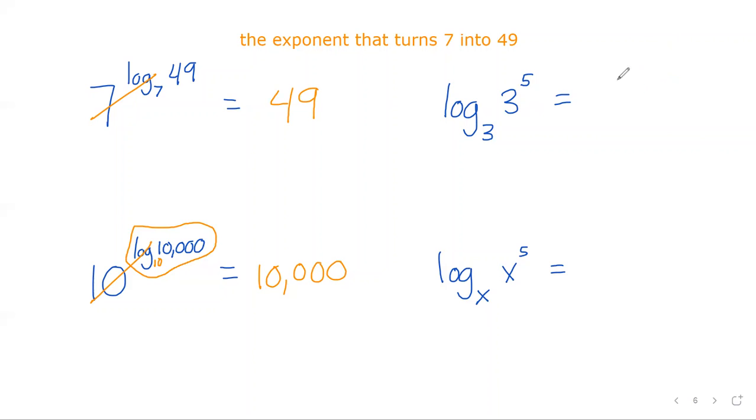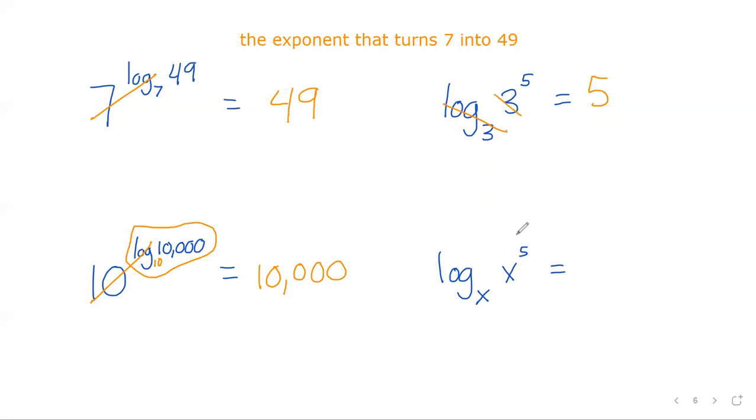If we have log base 3 of 3 to the 5th, this is saying what exponent turns 3 into 3 to the 5th? Well, 5. And so in the same way that a log and the same base cancel out here, a log base 3 and a base of 3 cancel out here.